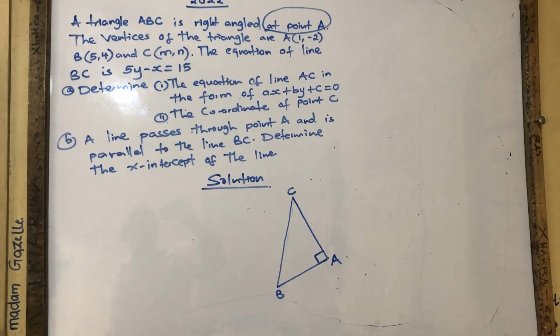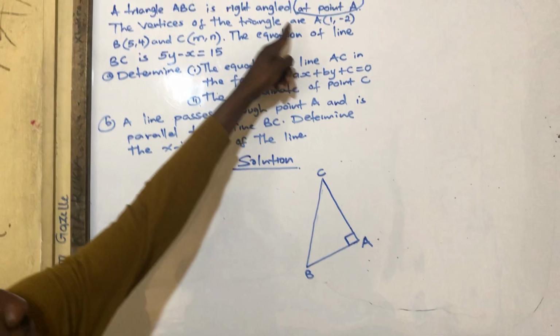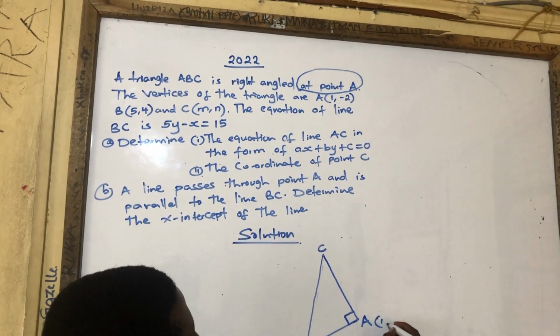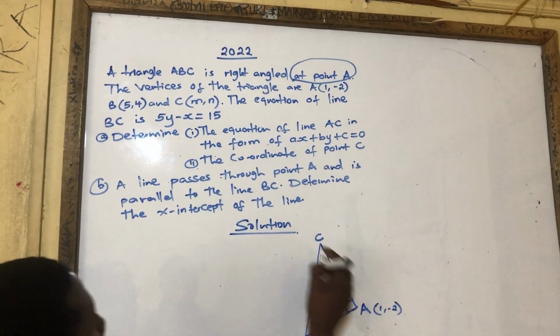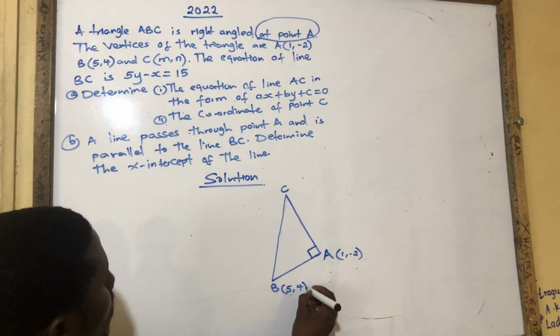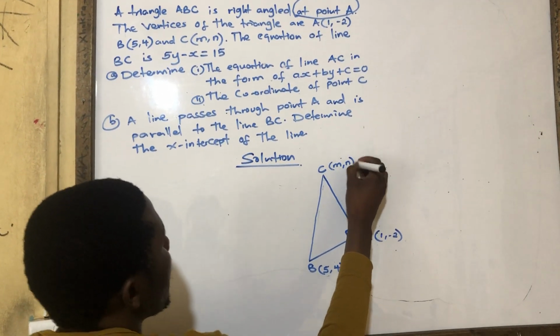So let's proceed. The vertices of the triangle are A is (1, -2), our B is (5, 4), and our C is (m, n).